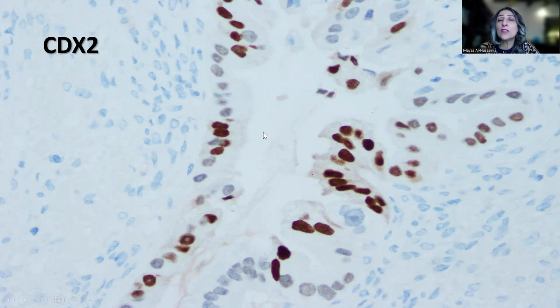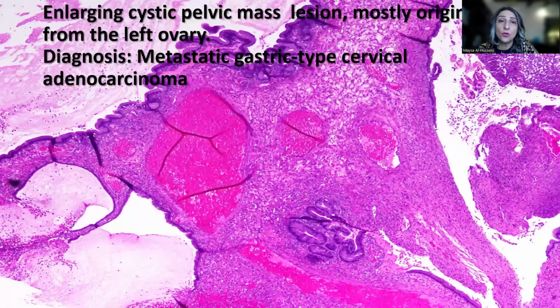So essentially, these tumors stain very similar to gastric carcinoma. The final diagnosis in this case in the ovary was metastatic gastric type cervical adenocarcinoma that is HPV independent.